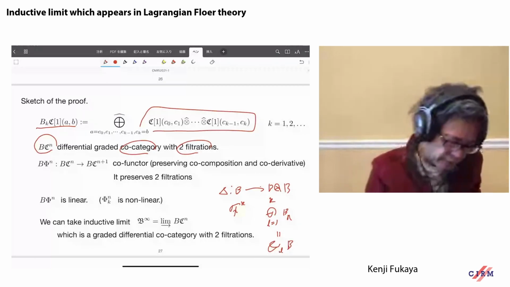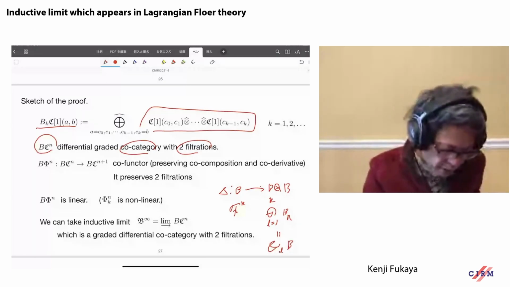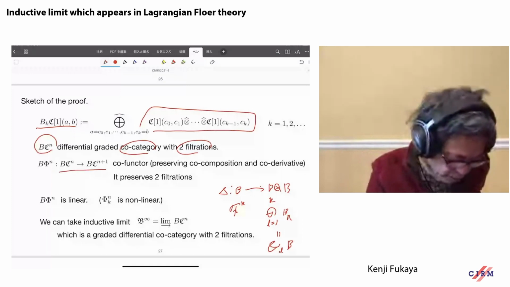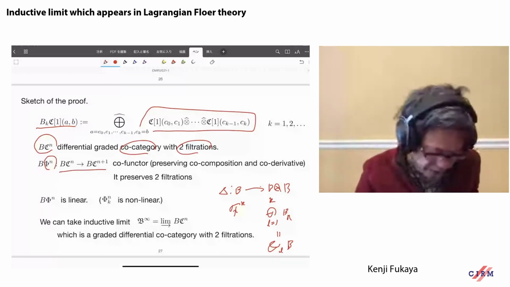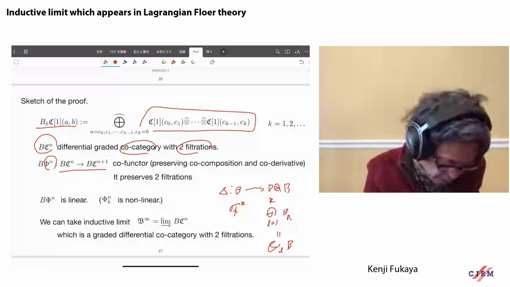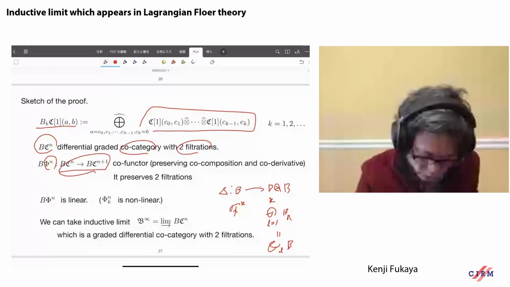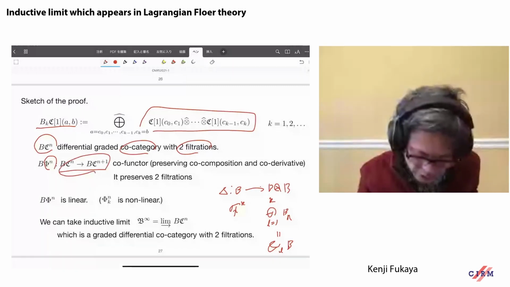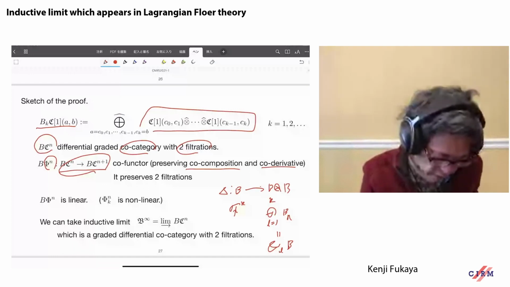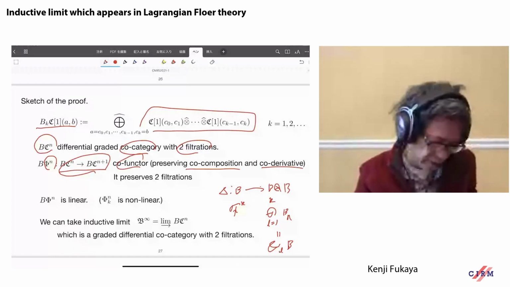Then we have this phi n, which gives a map that preserves co-composition and co-derivation. This is a co-functor, and it preserves the two filtrations.